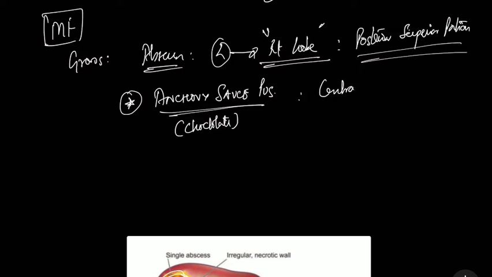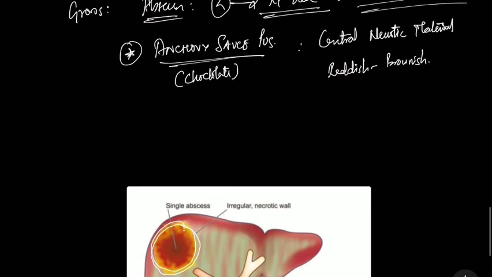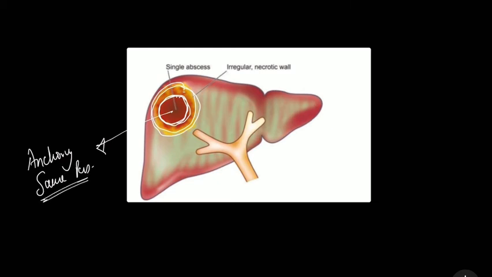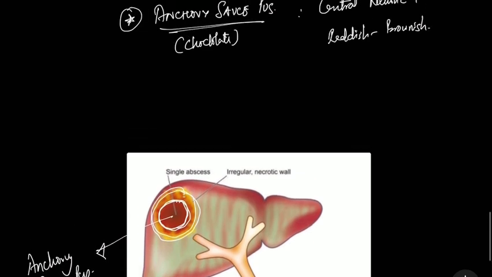It is a central necrotic material, all right, and is reddish to brownish in color, resembles chocolate. All right, so this central necrotic material is your anchovy sauce pus, okay, also known as chocolate pus. So that is seen here in amoebic liver abscess.